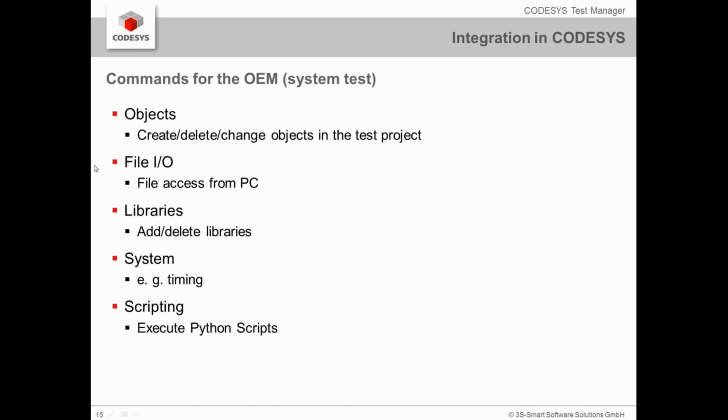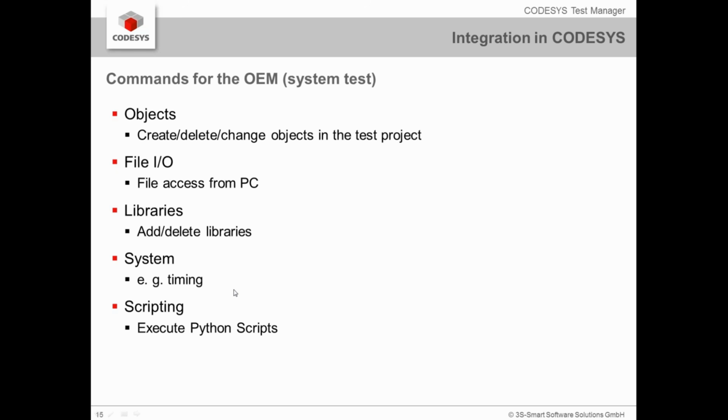Then you can even create, delete, or change objects in the test project. So you can, for example, insert some POUs that might be interesting for a certain test condition or that are generated. And you can save outputs to a file system on the PC where the Test Manager is installed. You can add and delete libraries in case you want to have a certain test bed condition.